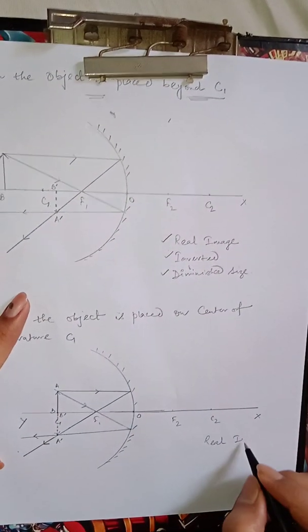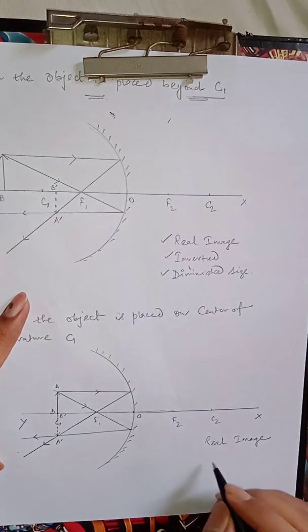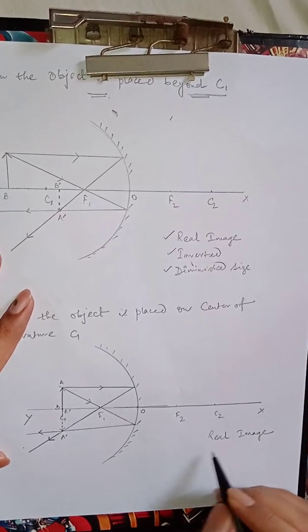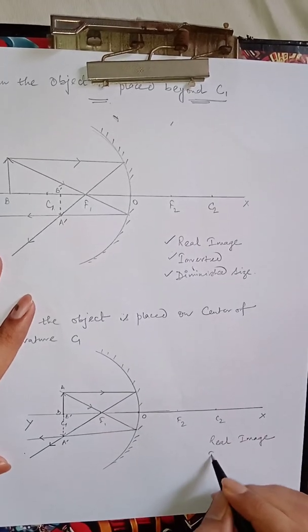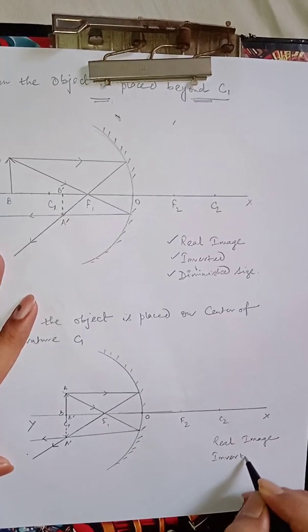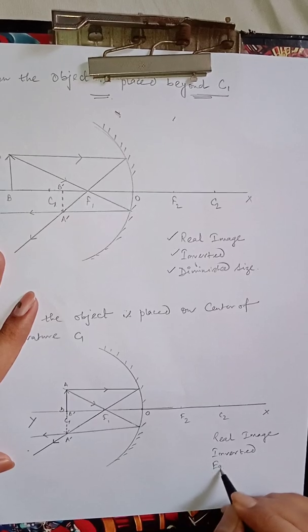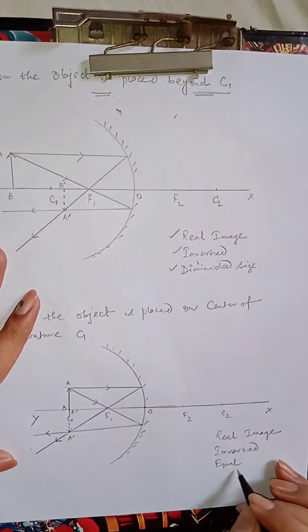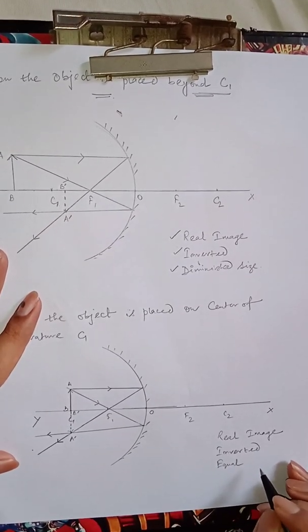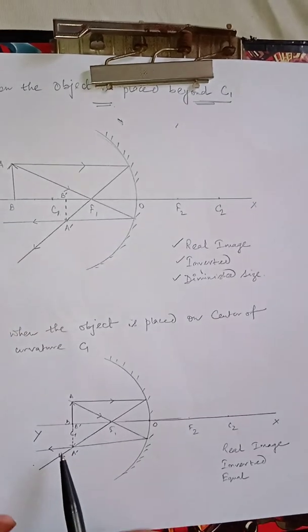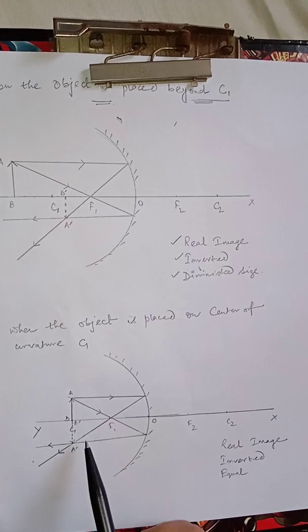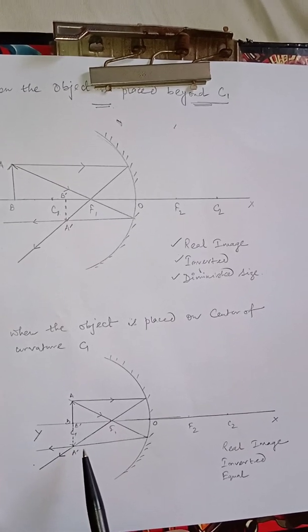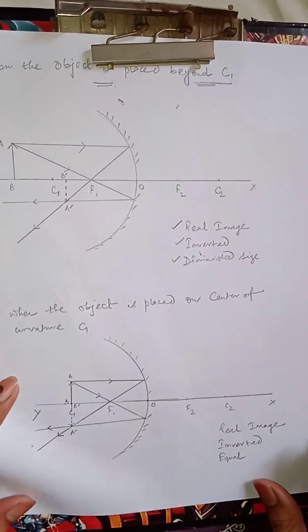And the image will be inverted, of course, but the size will be equal. The image size will be equal to the object size.